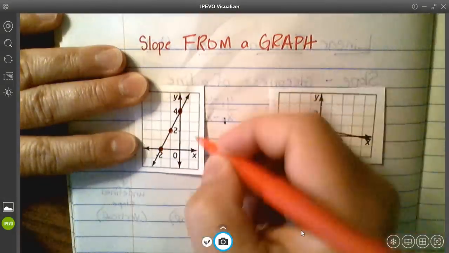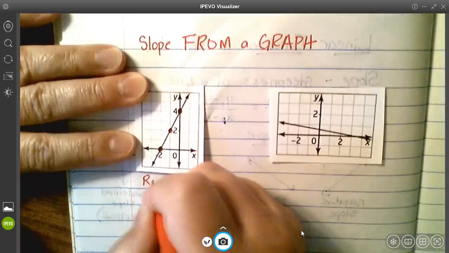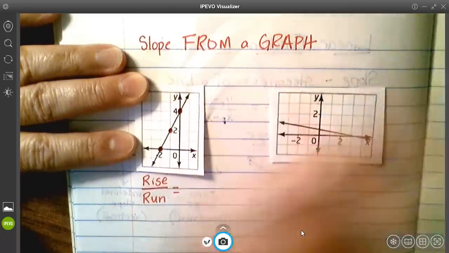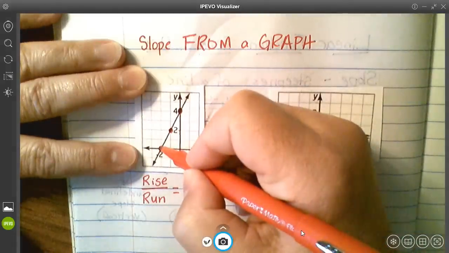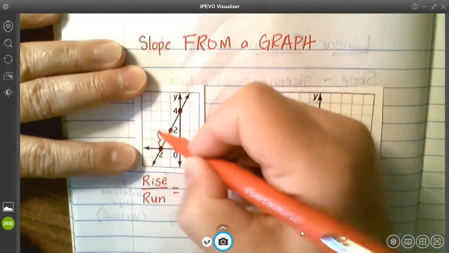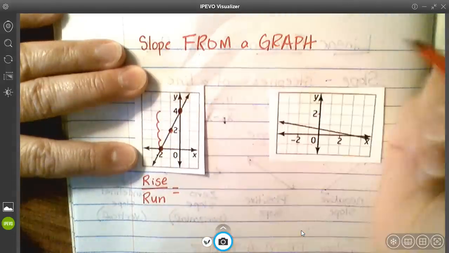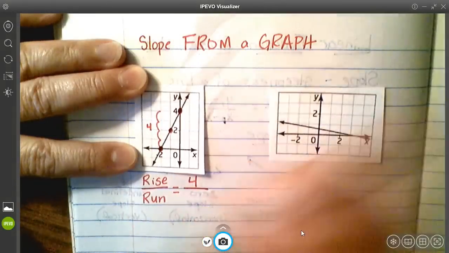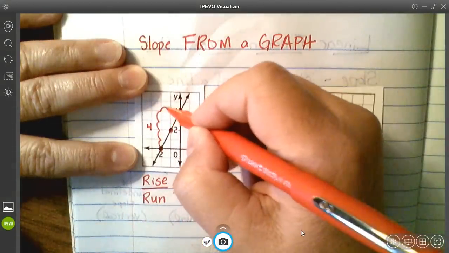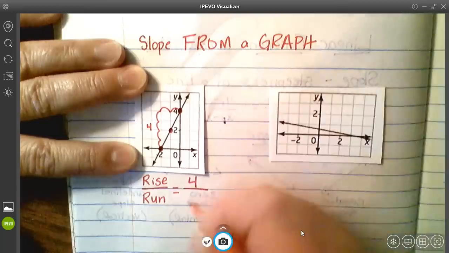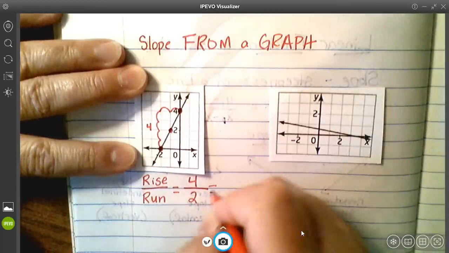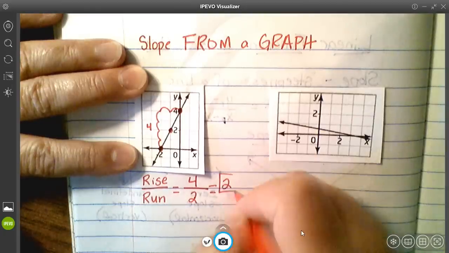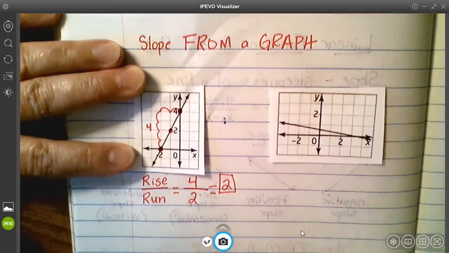So remember, it is rise over run. Okay, so I'm going to rise what? 1, 2, 3, 4. And then I'm going to go over for my run 1, 2 spaces. 4 divided by 2 is 2. So that is my slope for this line.